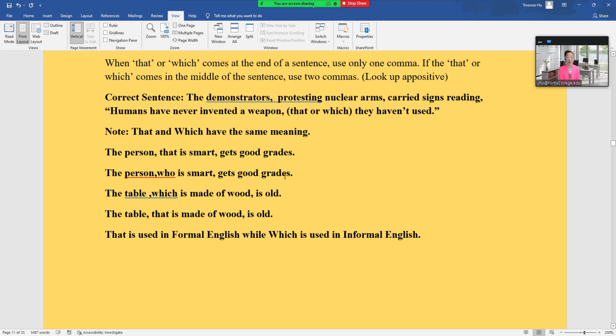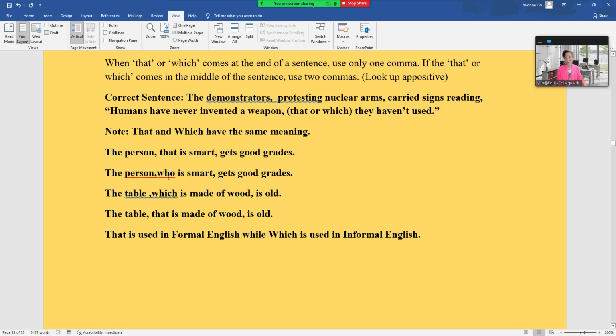Note that which and that actually have the same meaning. It's just that which sounds more formal than that. So if I were to say, "The person that is smart gets good grades." So here, when the relative clause is at the beginning of the sentence, we use two commas. And if we're talking to our friends, we use that.